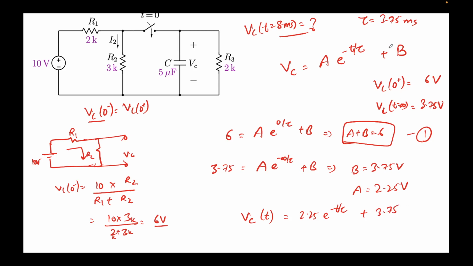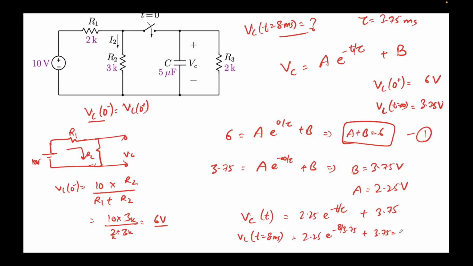Now we are interested in finding Vc at t equal to 8 milliseconds, so we'll simply put t equal to 8 over here. This will be 2.25 e to the power minus 8 over 3.75 plus 3.75. I'll use my calculator, give me a moment.